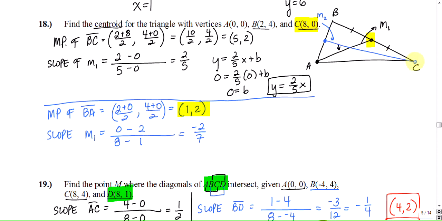I need to use either C or the midpoint as one of the points in my y equals mx plus b formula. So y equals negative 2/7 x plus b. And maybe I'll use 1, 2.